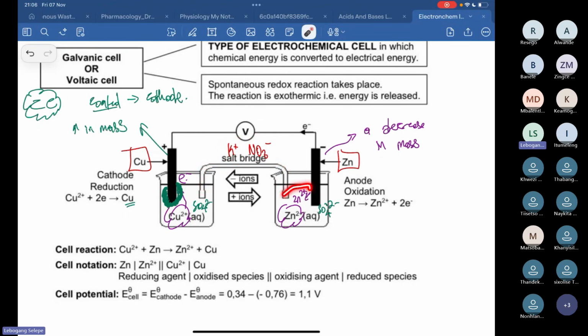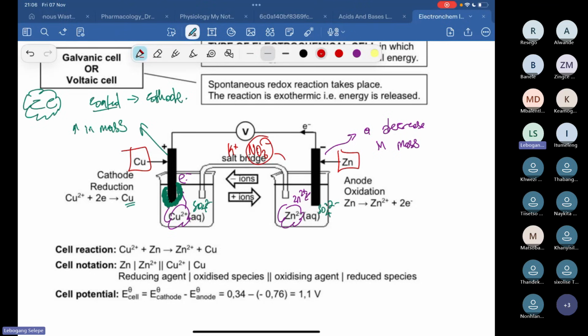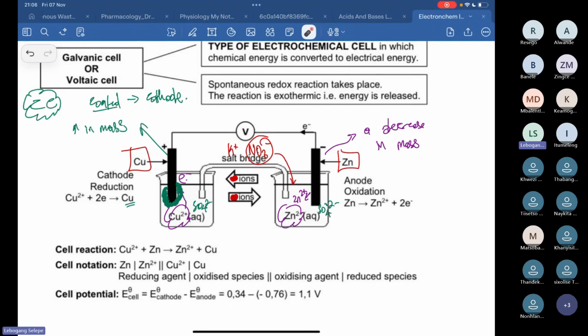But because this side is becoming more positive, the NO3- would be attracted to this side, right? I can see here this is a mistake they made, so let's ignore that. So the NO3- ions would be attracted into that solution. Then the positive ions, let's explain why they would be attracted into the solution. Remember the Cu2+ ions that are in here keep on accepting electrons here.